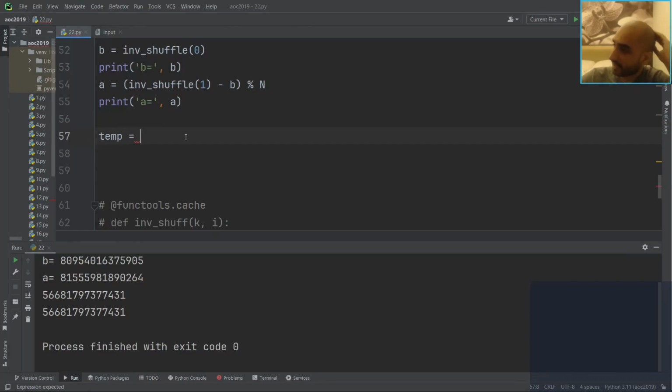You can't divide. Oh, I forget. You have to find the modular inverse of A minus 1. Okay, N is a prime, so every element has a modular inverse. But I forget all this stuff.